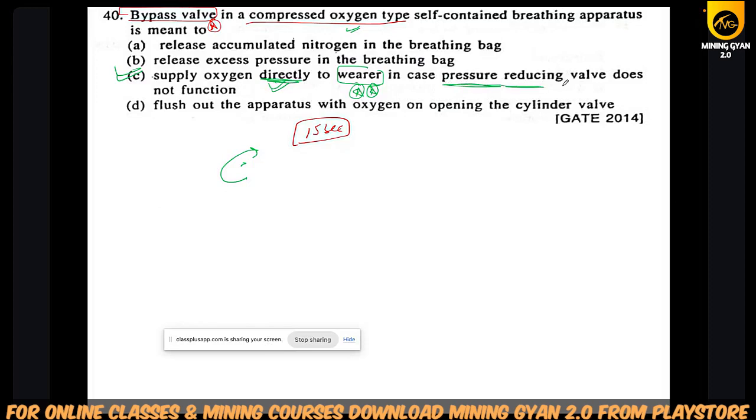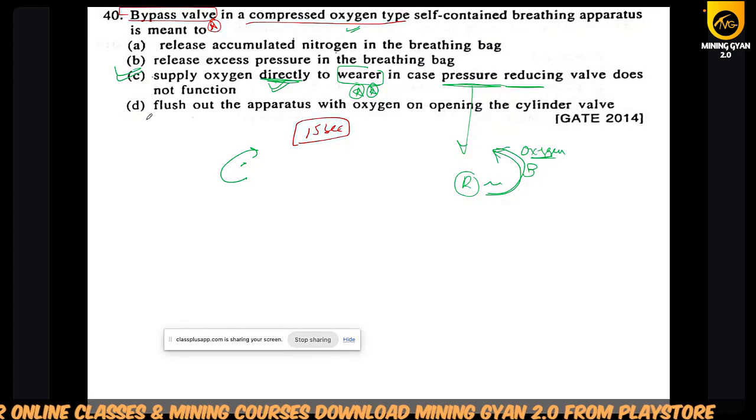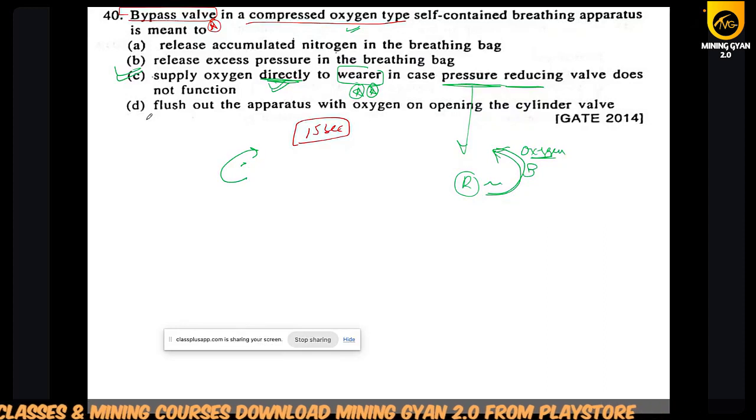Then you use bypass, so it will supply oxygen directly in the emergency. Understood what it does? Write down, highlight this question, so whenever you revise it.